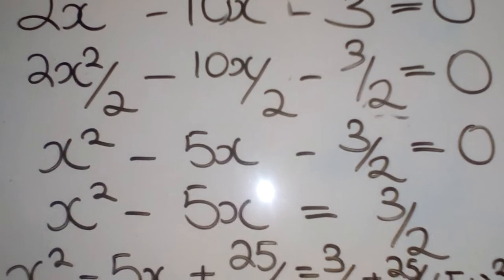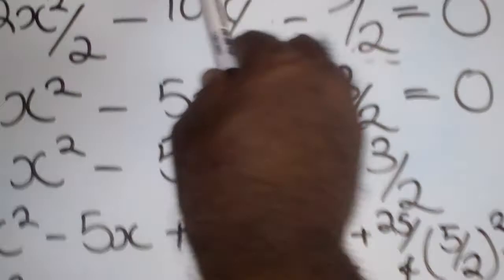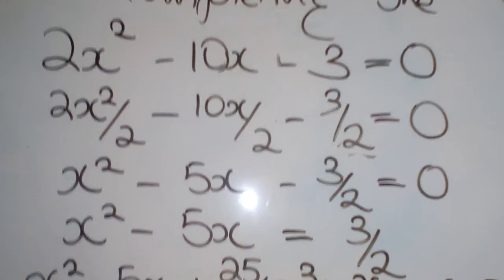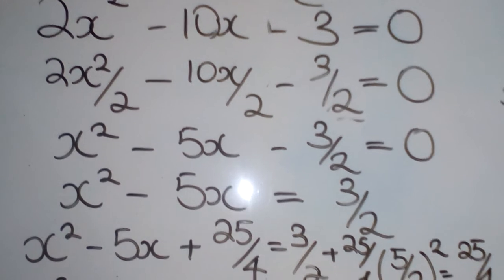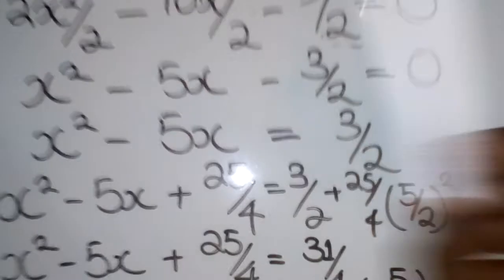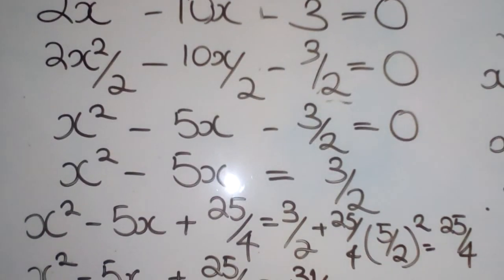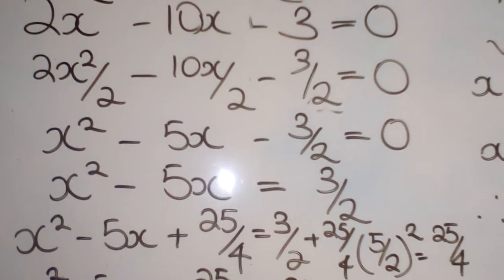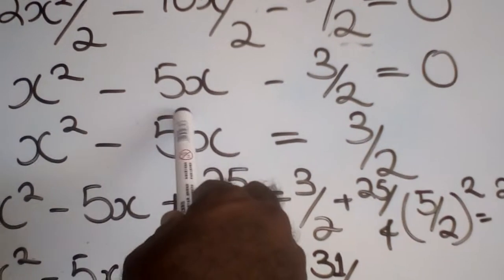No, sorry, we're not going to take 10x, but rather we're going to take 5x and divide it by 2, and then square the solution, and the answer we get is 25 over 4.